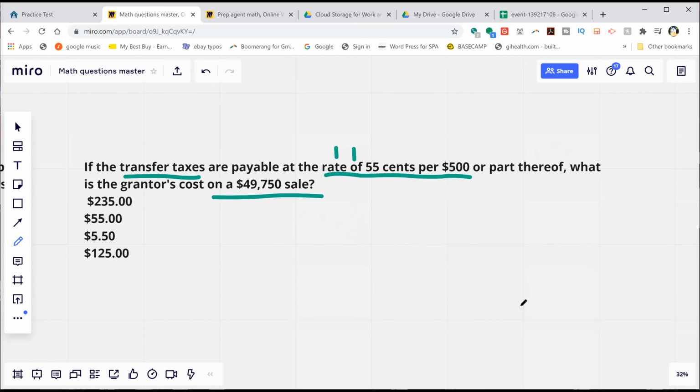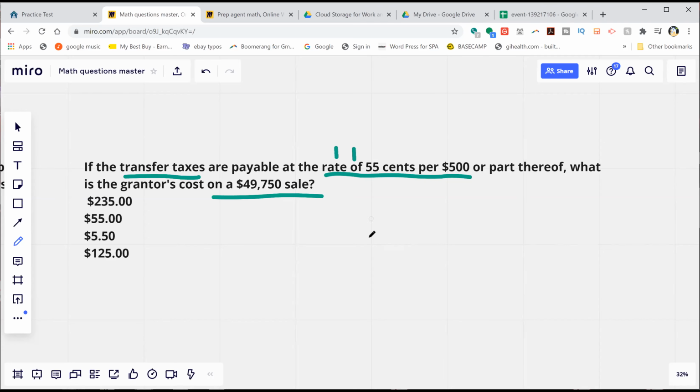So here's what I like to talk about. This is the first time in our lesson today that we're seeing a "per" question. So what do I mean by a per question? That is when they give you a situation where they say blank per something, at a rate per something.